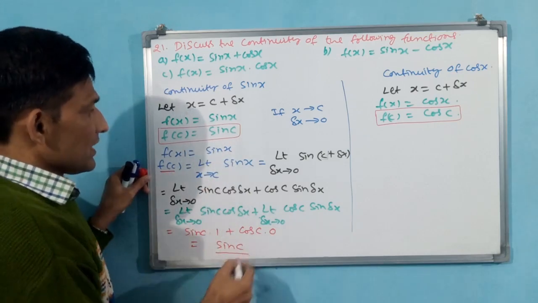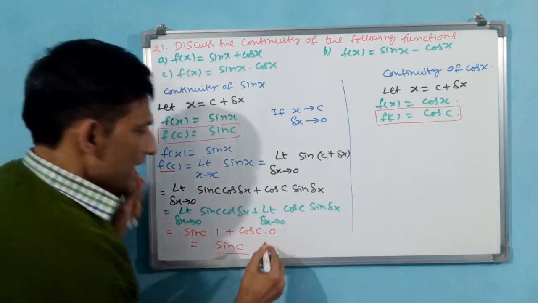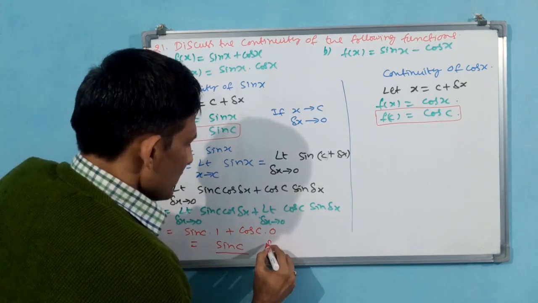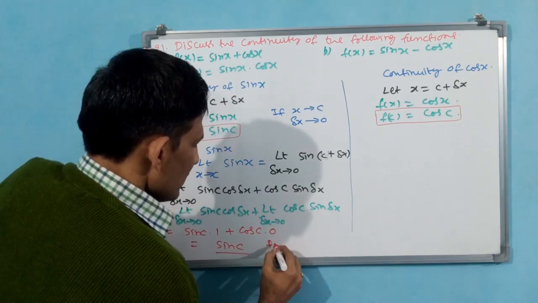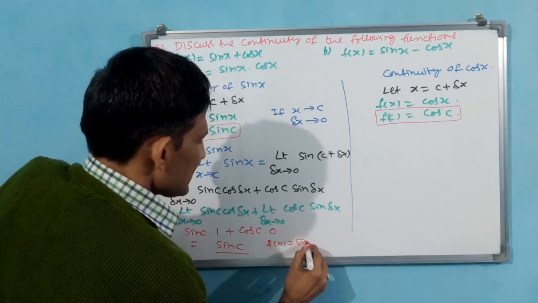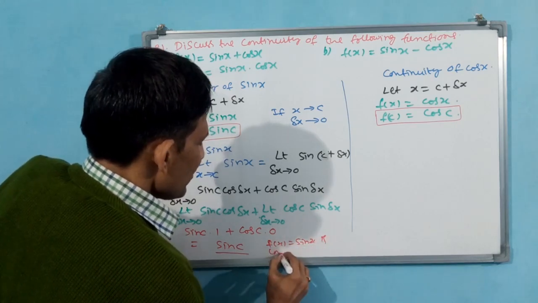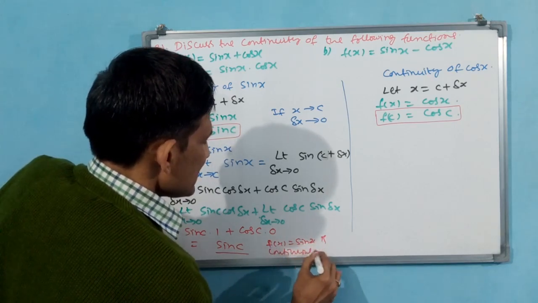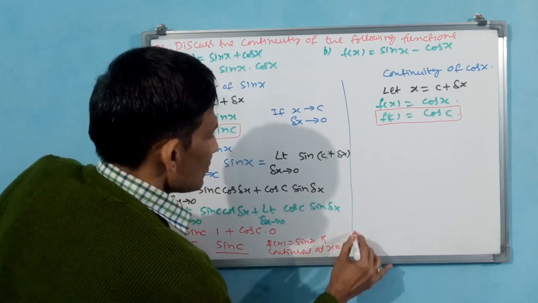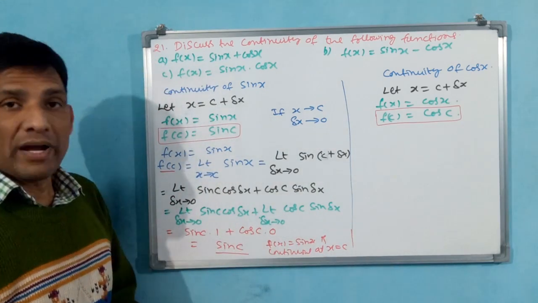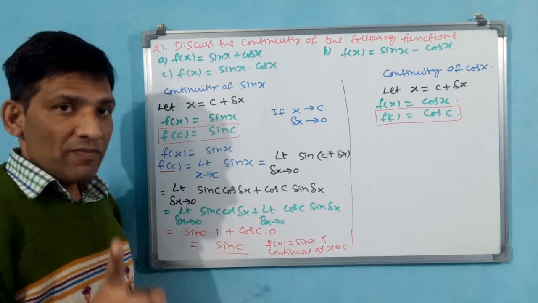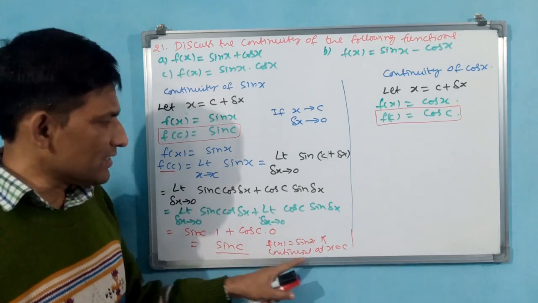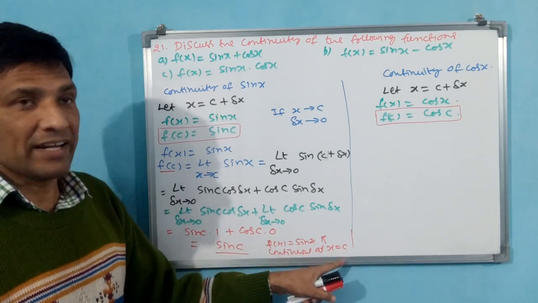f of c is equal to sin c. That means you can write f of x is equal to sin x is continuous at x is equal to c. That you keep in your mind. Like this you write it. This c is important.